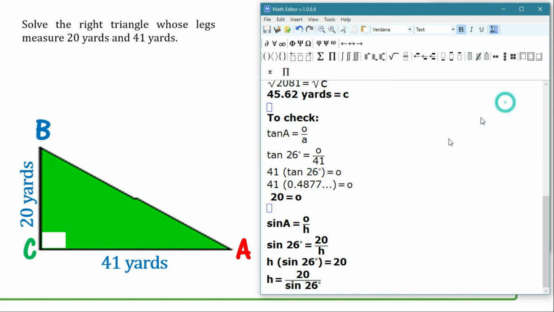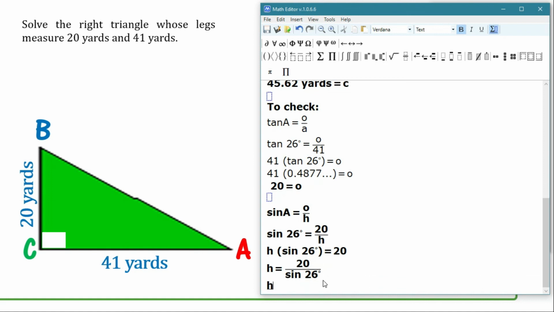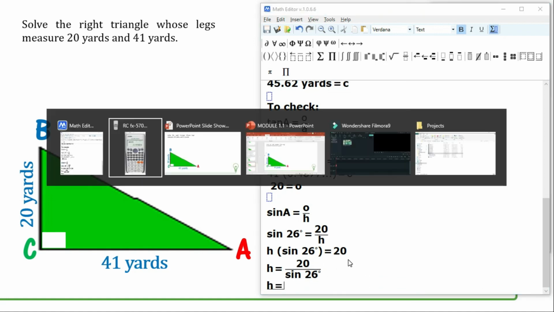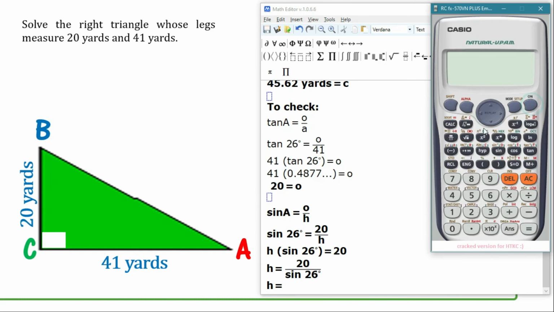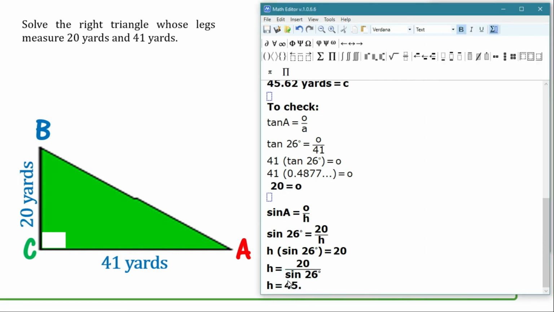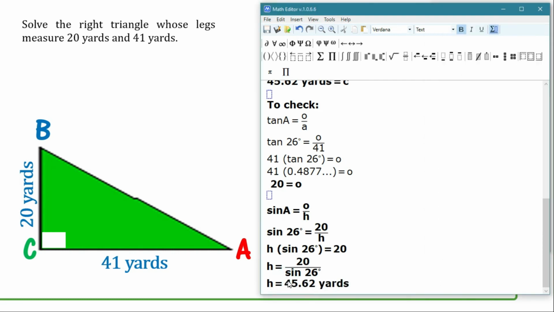Okay? So, pwede naman natin siyang idiretso sa calculator para hindi na tayo mas mahirapan. So, that is h equals 20 over the sine of 26 degrees. Okay? And that is equivalent to 45.62 yards.